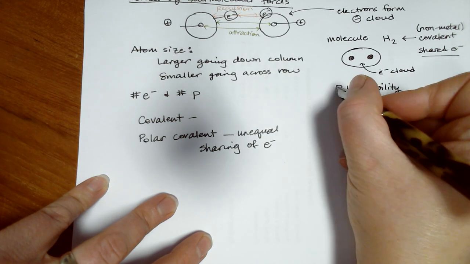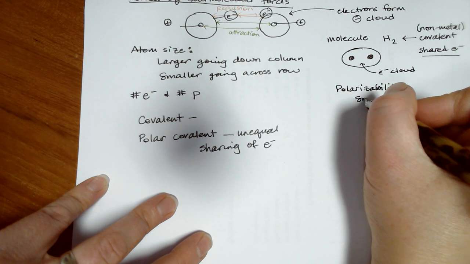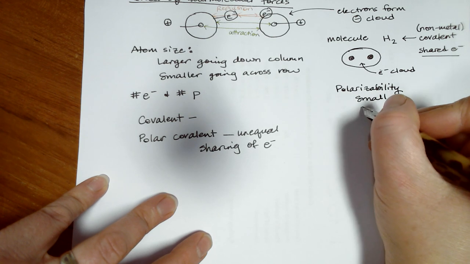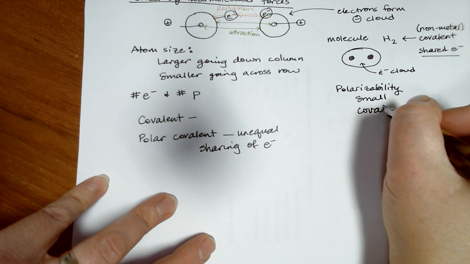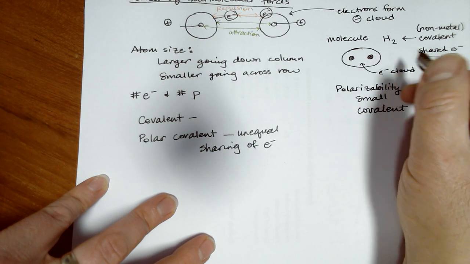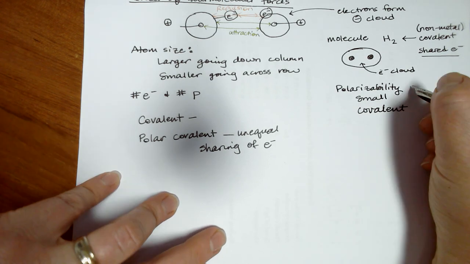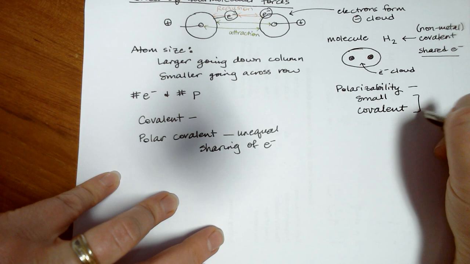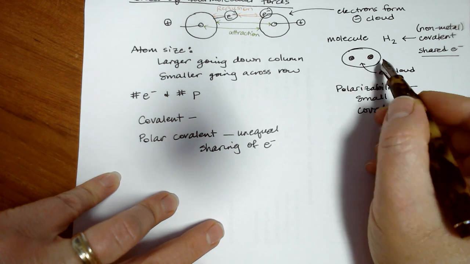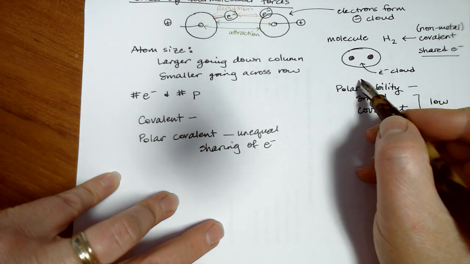If you have a molecule that is small and has covalent bonding, like hydrogen, then the polarizability is small. We don't have a lot of fluctuations of where the electrons are around this molecule.